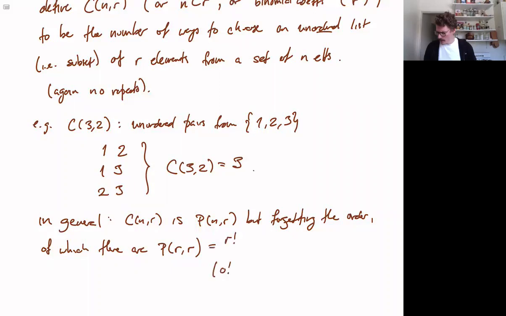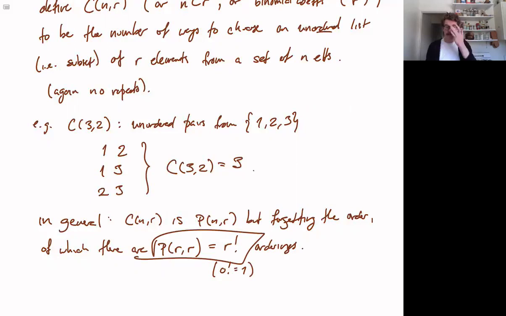If you are not familiar, 0 factorial equals 1. This may seem weird, but it is a definition that is very useful to have, because it makes things work nicely like this. So this is the number of orderings for each subset.